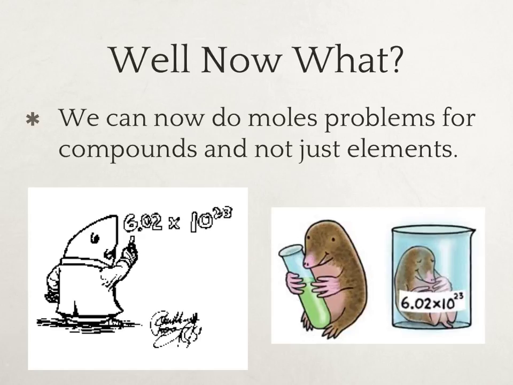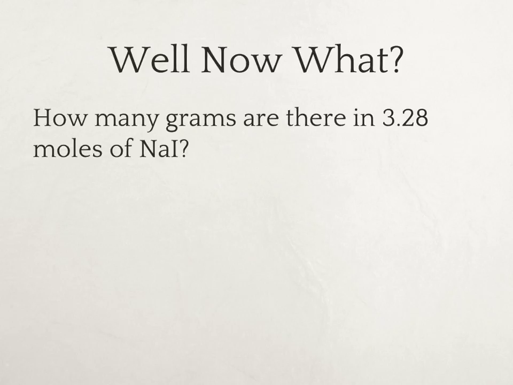So now what? Well, we can do the mole problems that we've been doing, except now we're doing them for compounds instead of just elements. So now when you find the molar mass of something to be able to convert between grams and moles, you're going to just have to add some stuff together before you can use it in your conversion factors. So let's do an example. It says how many grams are there in 3.28 moles of NaI?